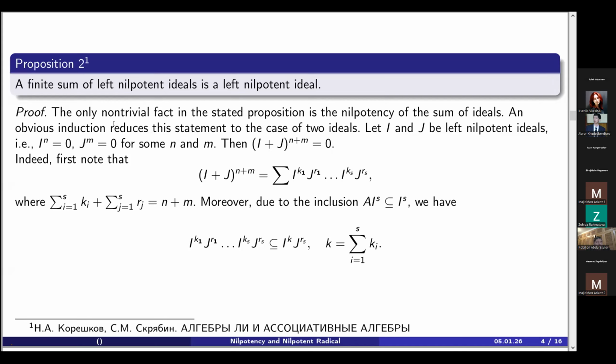Let I and J be left nilpotent ideals of A, that is, I to the power n is equal to 0 and J to the power m is equal to 0 for some natural numbers n and m. Then (I plus J) to the power n plus m is equal to 0.